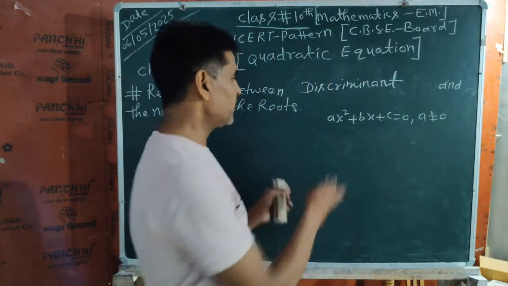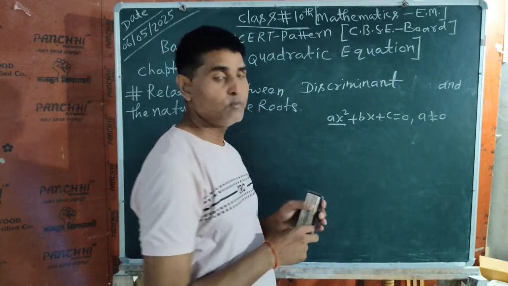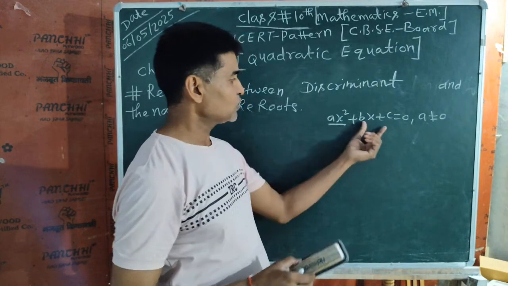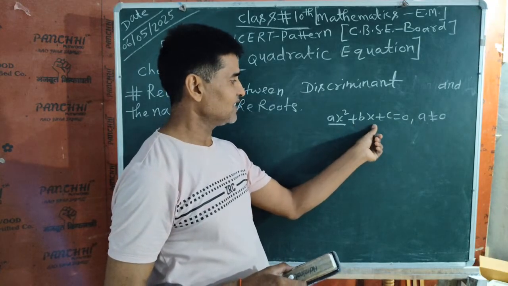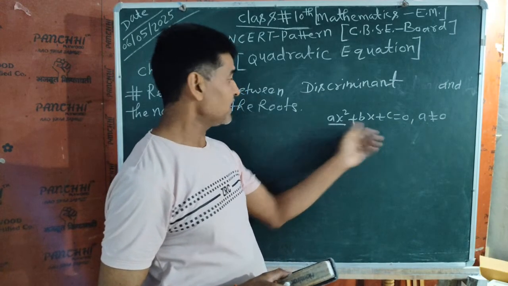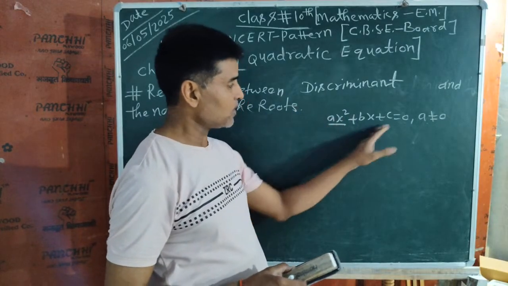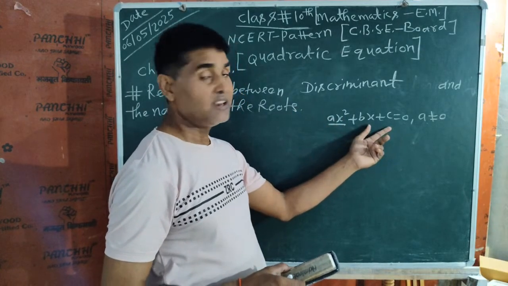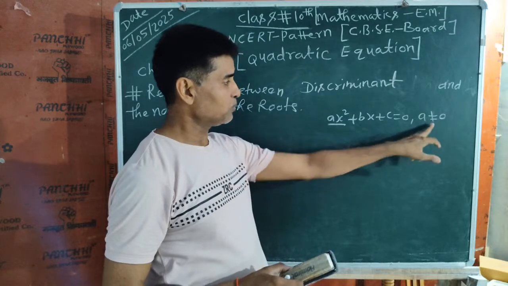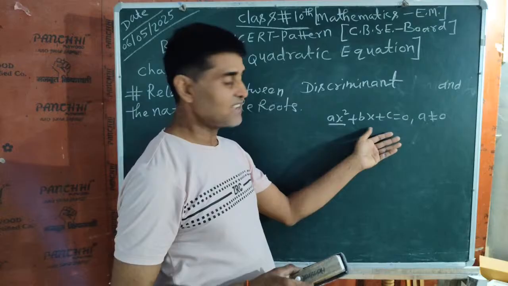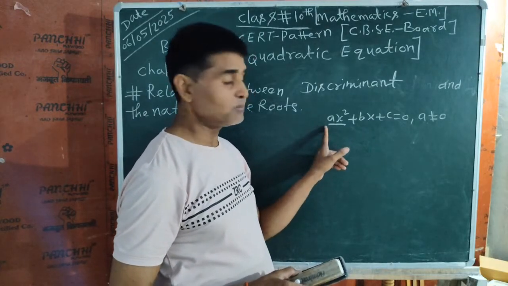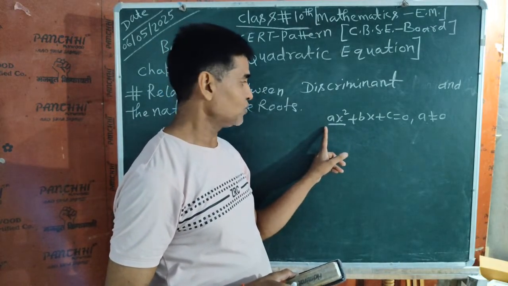If the value of a is 0, then this term will be 0, and in other words we will get a linear equation in one variable, that is x. So the equation will convert into a linear equation. Therefore I am putting a not equal to 0. It means that b and c can be 0, but a cannot be 0, so that we get a quadratic equation.